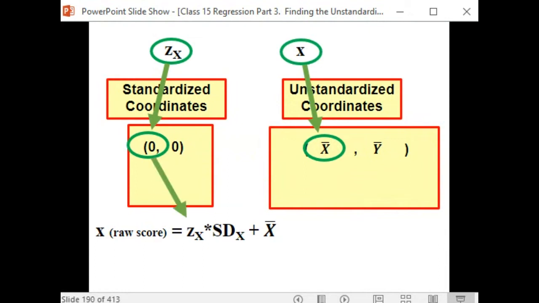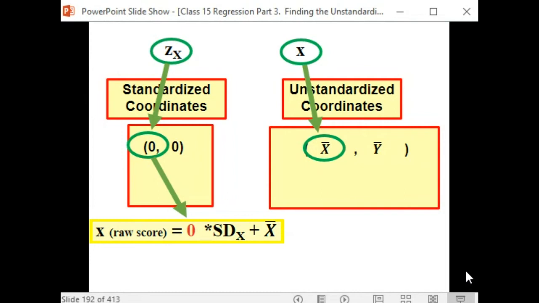We know that the z of x in this case is equal to 0. So we substitute 0 in place of the z of x in the equation. And so now we have a new equation. X is equal to 0 times the standard deviation of x plus the mean of x.